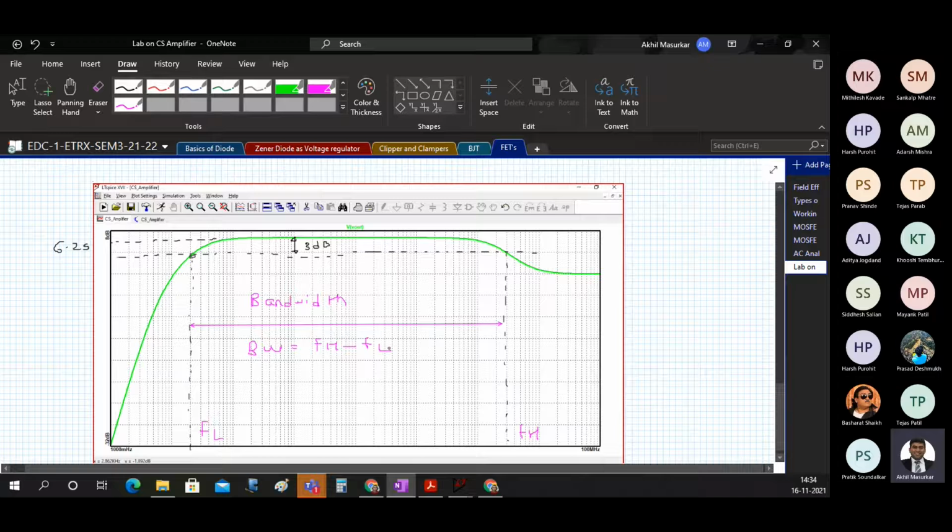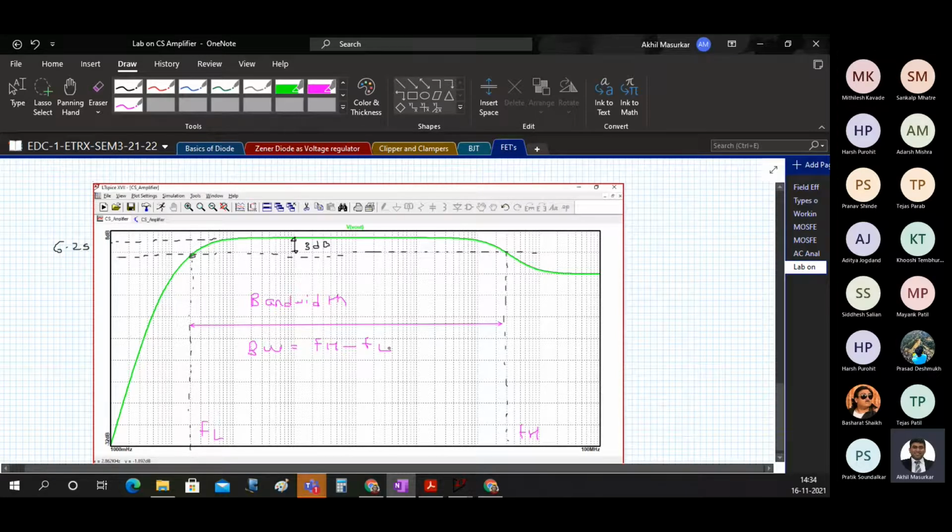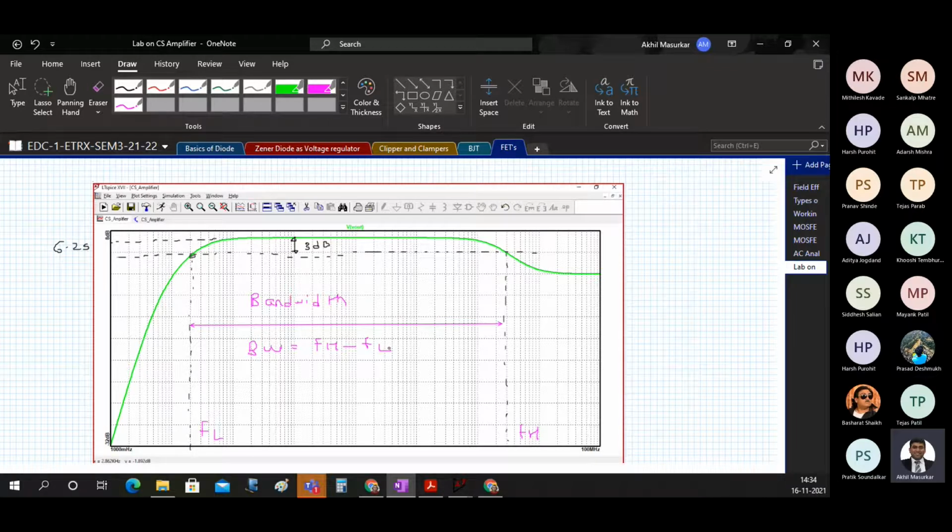Now why is this important? Because if your voice has frequency components above fH and below fL, you can see the gains are falling at those points. The gains are not stable, the gain has fallen. And that is the reason it will not give the same treatment to some of the frequencies in your voice, and because of that, your voice may seem different.